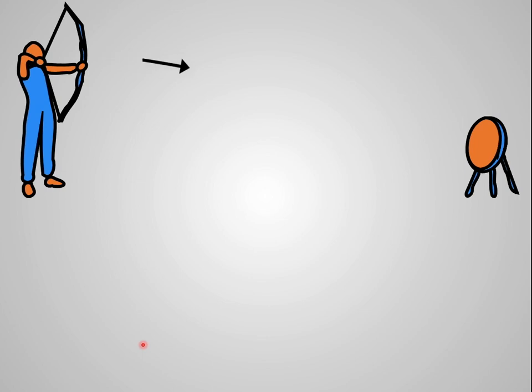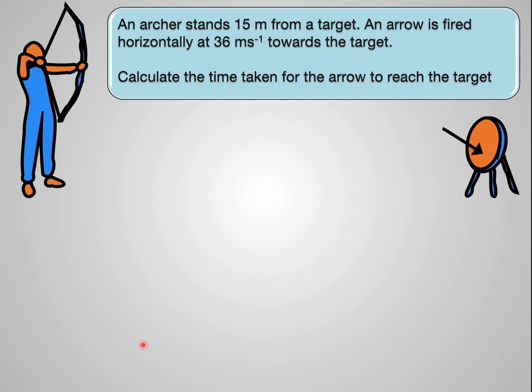Consider one simple question. An arrow is fired to a target. The details are given, and it's always better to draw the path of the projectile if it's not given in the question. Now the question asks you to find the time taken. Time has no horizontal or vertical direction. Time is a scalar.